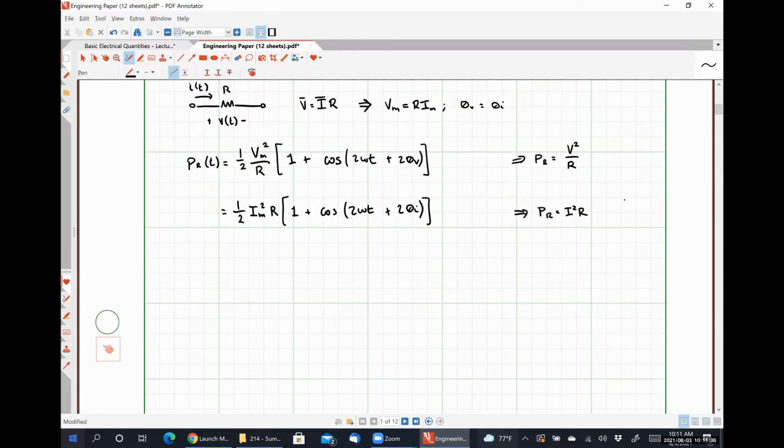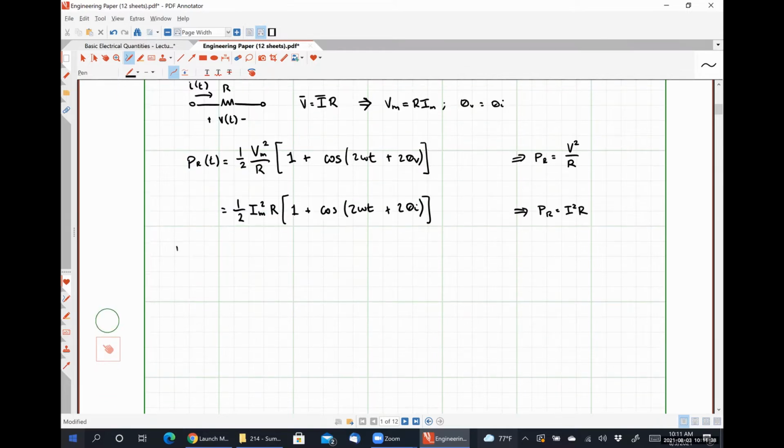All right. For an inductor, where we have some inductor having a value of L with some voltage across it and some current flowing through it.